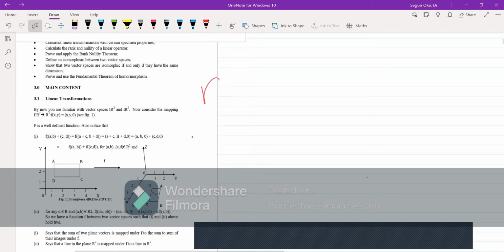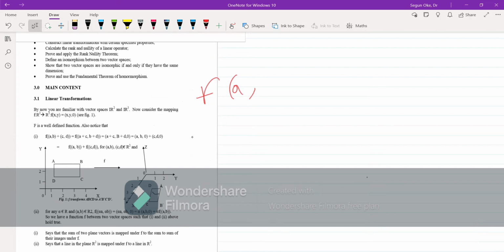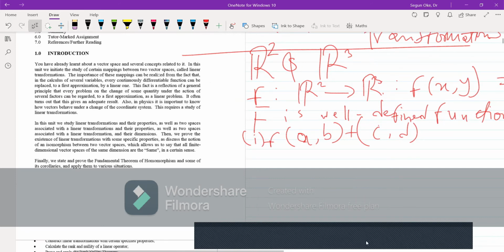When you have f of a, comma b, plus... remember, we are dealing with a different function. Look at what is happening up here.